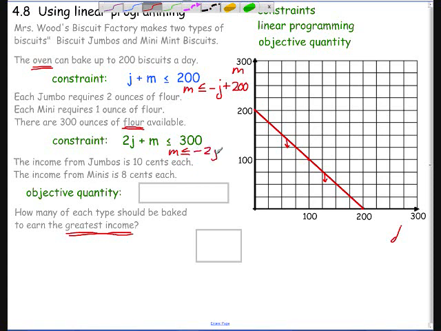Negative 2j plus 300. So for this one, I've actually got my point up here, right? This is my, I was going to say y-intercept. In this case, it's my m-intercept. And my slope is down 2 over 1. So I'm going to go down 200 over 1, and I end up being right here.